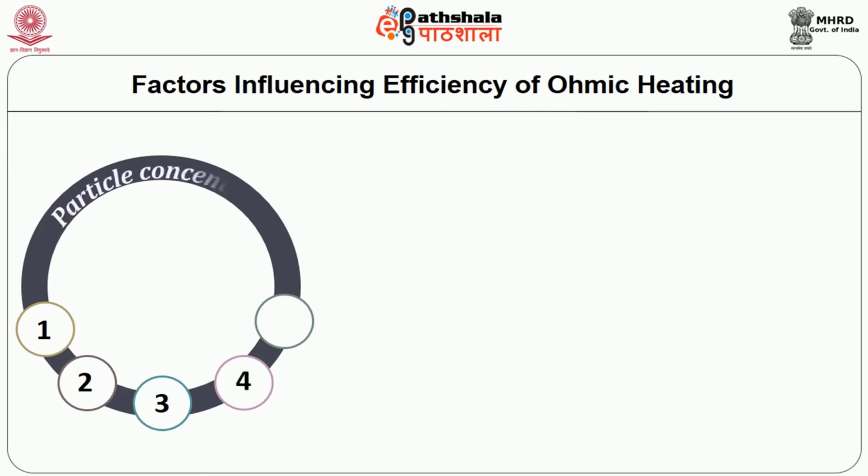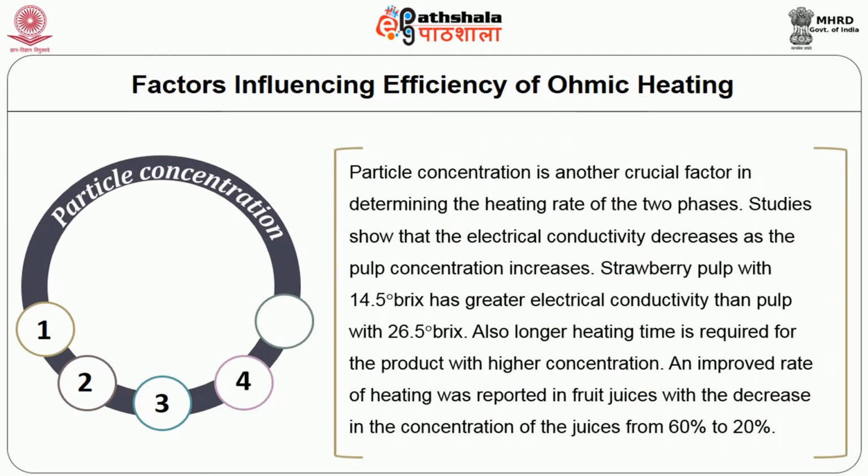The next factor is the particle concentration. Particle concentration is another crucial factor in determining the heating rate of the two phases. Study shows that electrical conductivity decreases as the pulp concentration increases. Strawberry pulp with 14.5 degree Brix has greater electrical conductivity than pulp with 26.5 degree Brix.